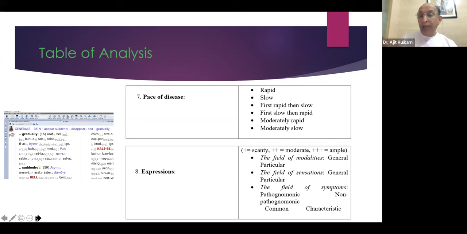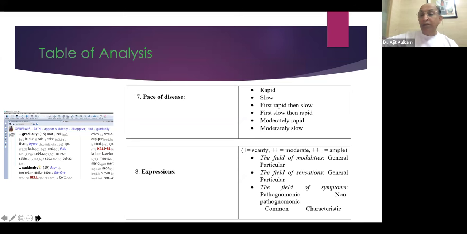I have given the repertorization rubrics of this in my book so that it doesn't remain only at the level of some thought. Thought is a different idea. A representation of the thought as an evidence in the repertory and materia medica is a different idea.